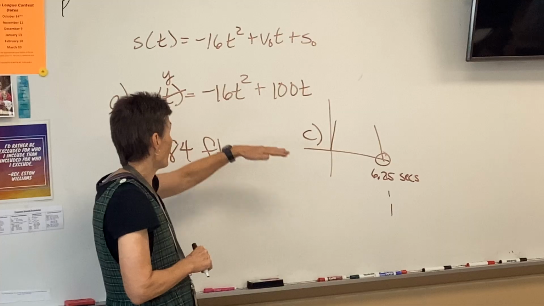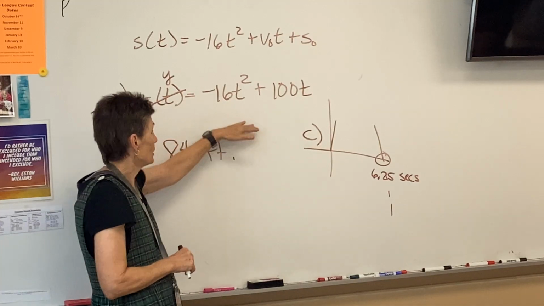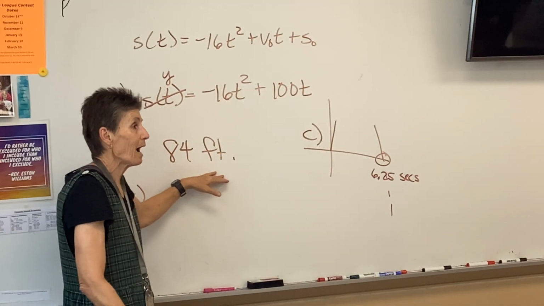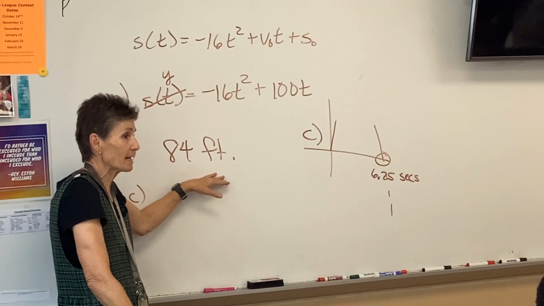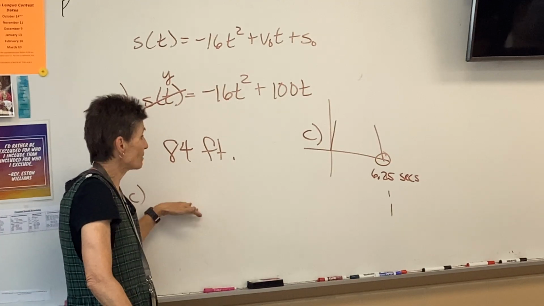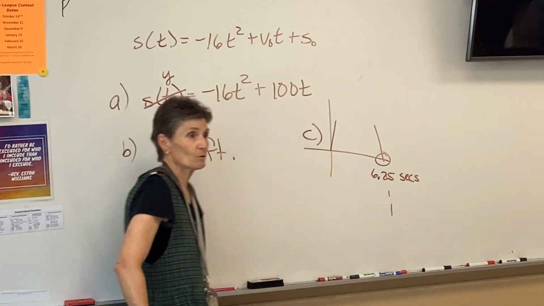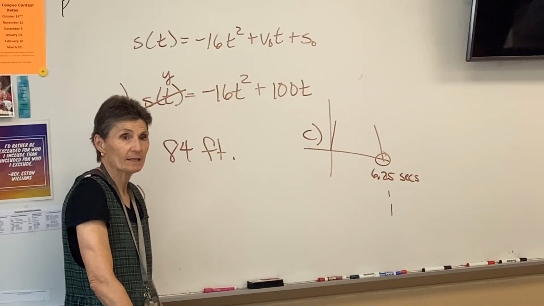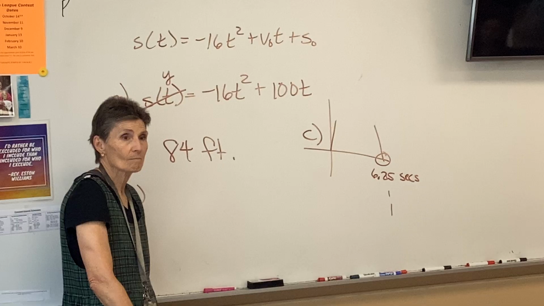So the equation is here. How high is the ball after 1 second? 84 feet. When does the ball hit the ground? After 6.25 seconds. How would you get that without a calculator?